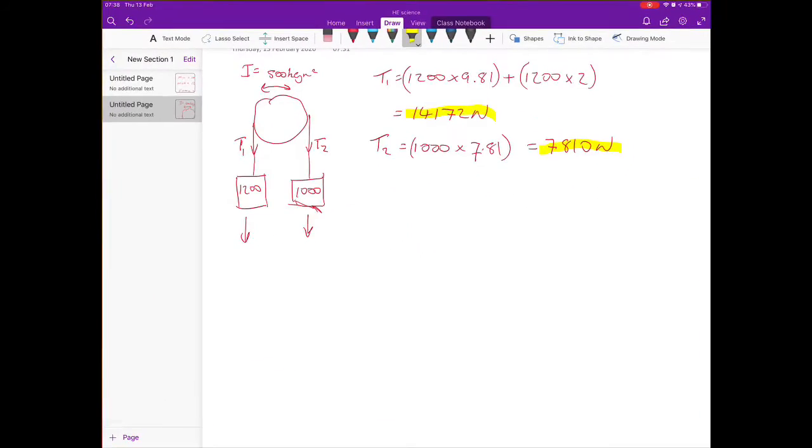So let's think about this as a free body diagram. So think about our free body, and we've got a couple of forces pulling either way. So we've got this force wanting to pull up, which is 7,810.